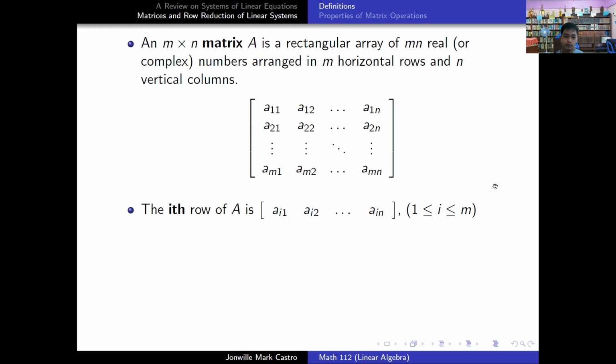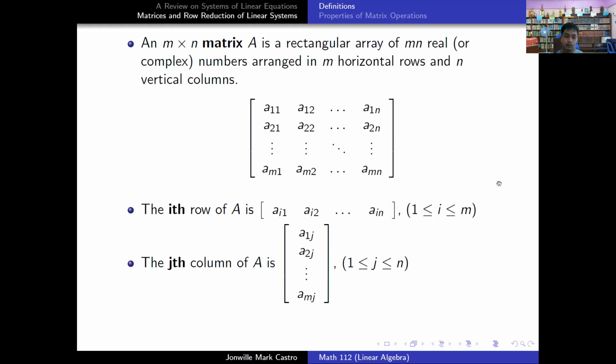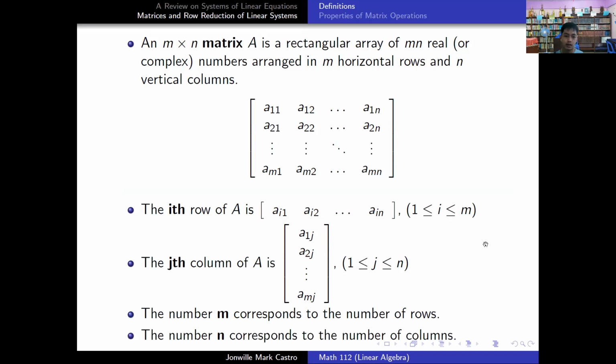Okay? Pag jth column naman, for example, we have second column. So, ibig sabihin, we have A sub 1,2, A sub 2,2, up to A sub M2. Okay? So the M corresponds to number of rows and N corresponds to the number of columns.